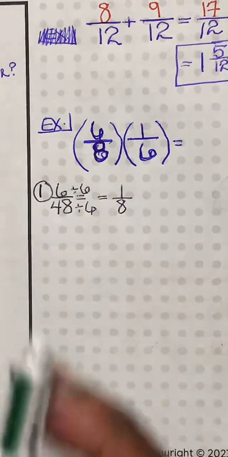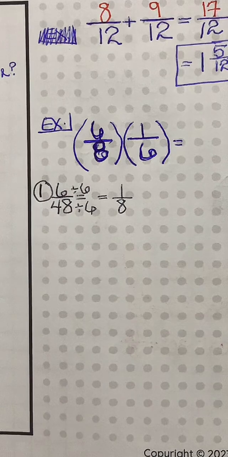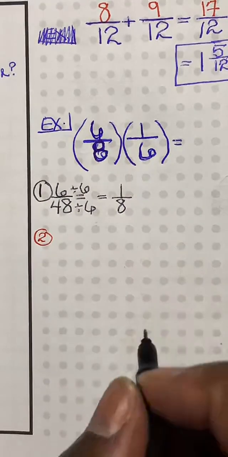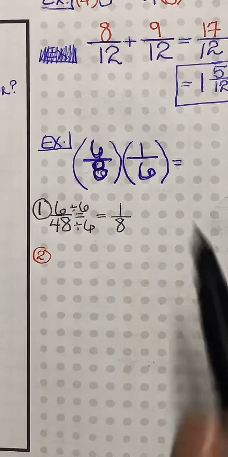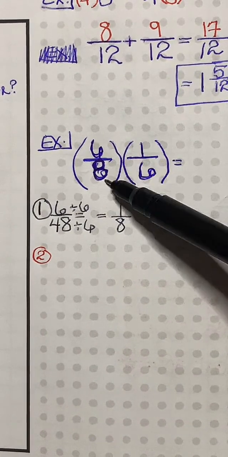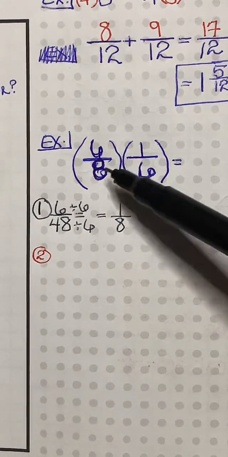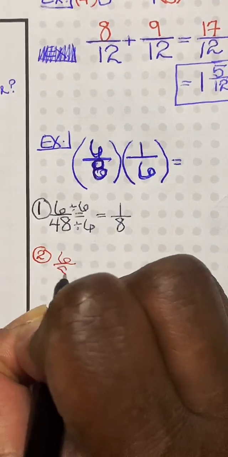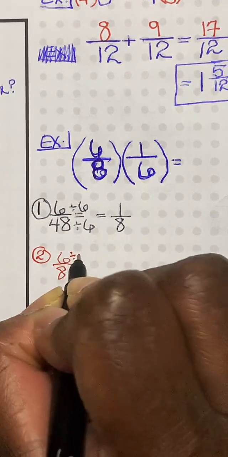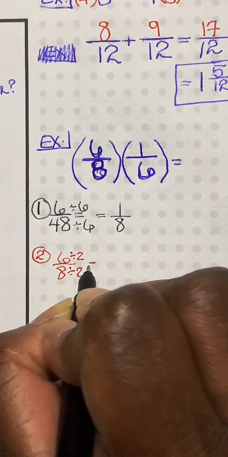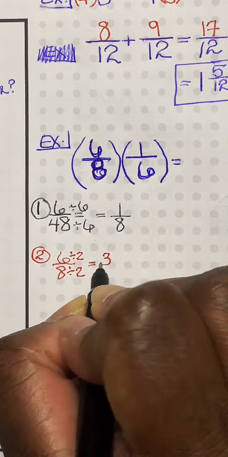Another way of doing it, so this will be way number 2, is I could simplify my ratio. So 6 and 8, they both have 2 in common. So if I have my 6 over my 8, I could reduce it by 2, which will give me 3/4.